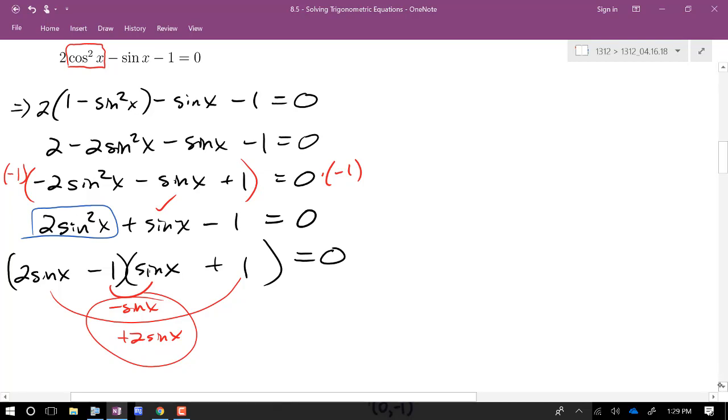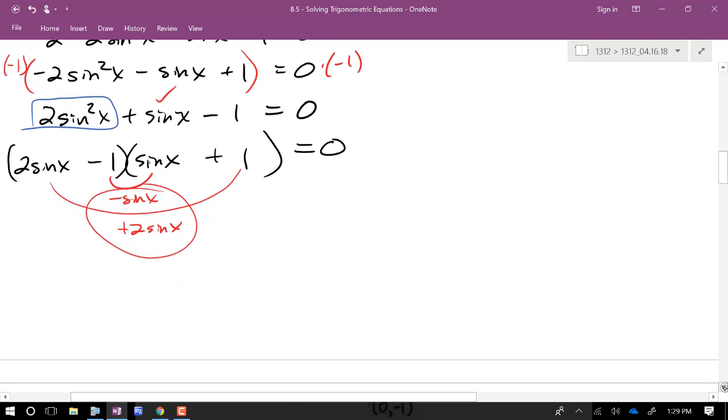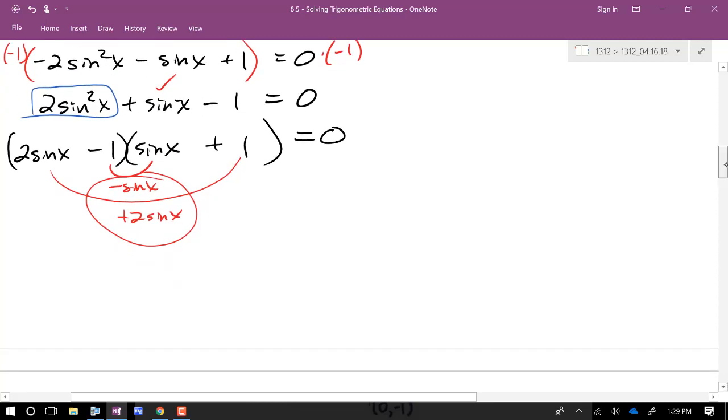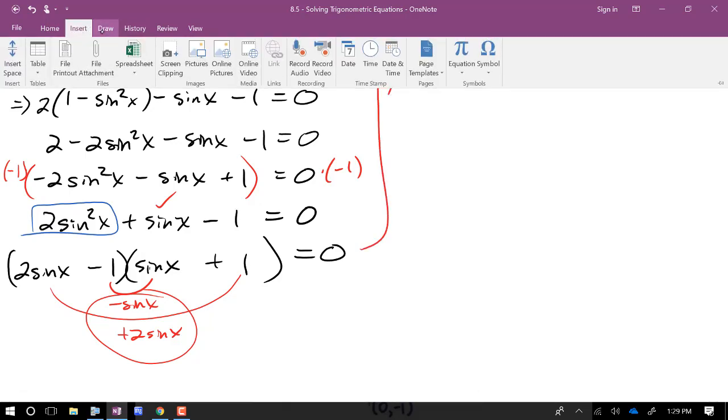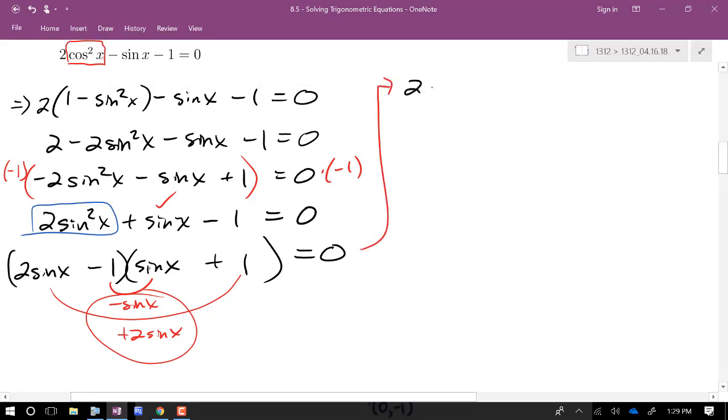Yeah. So right, that's why we factor. That's why factoring works. So that's the mechanism by which it works. A product is only 0 when one of its factors is. So we know that 2 sine x minus 1 equals 0, or sine x plus 1 equals 0.